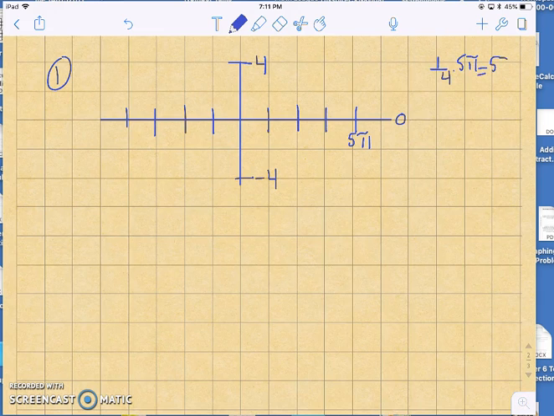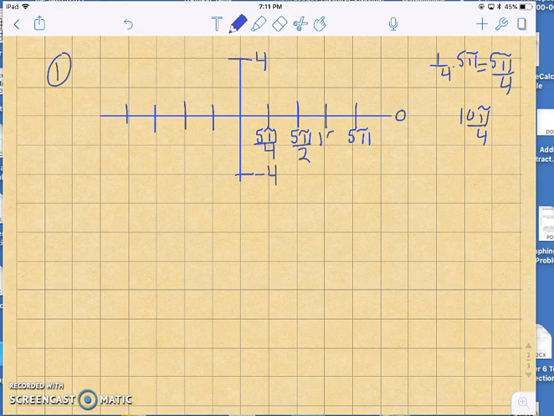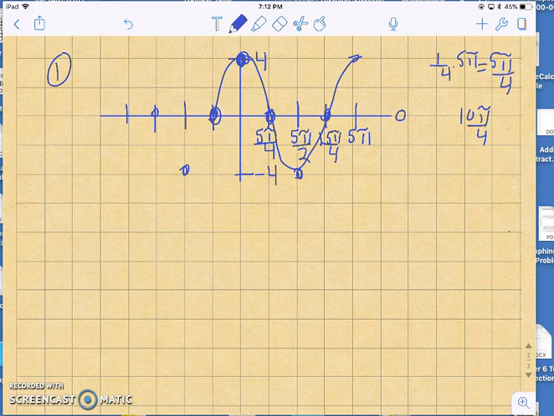So we have 5 pi over 4 as the first one. The next one would be 10 pi over 4, which reduces down to 5 pi over 2. Then 15 pi over 4, then 20 pi over 4, which is 5 pi. And it's a cosine. So cosine starts high, and then it goes to the middle, low, middle, high. And we can go backwards as well.